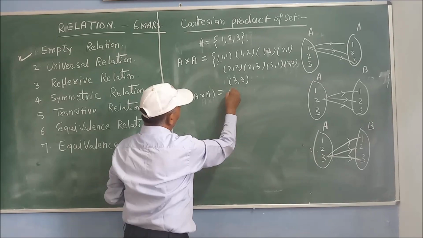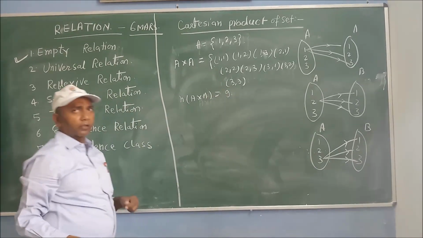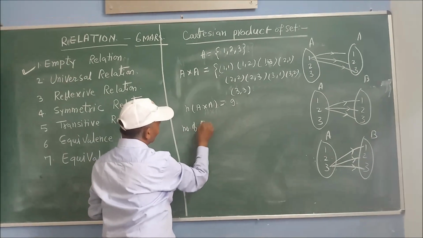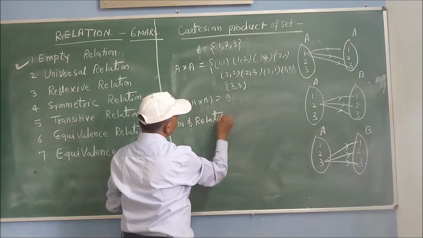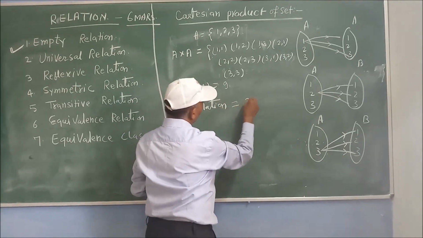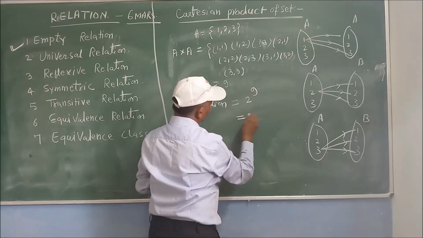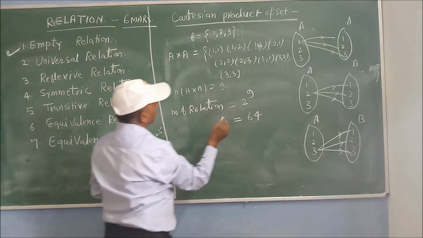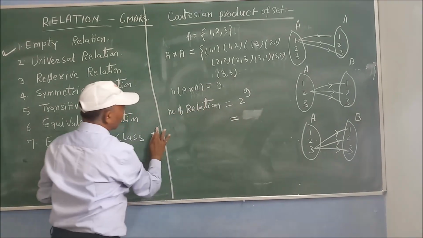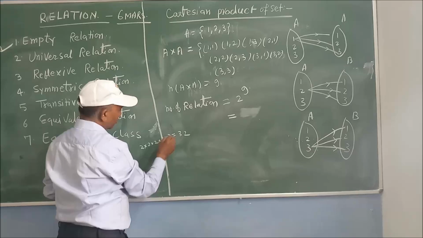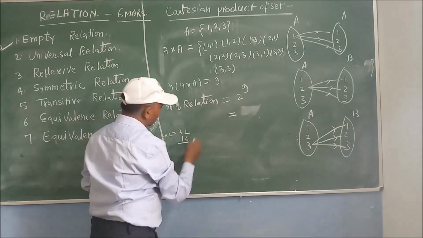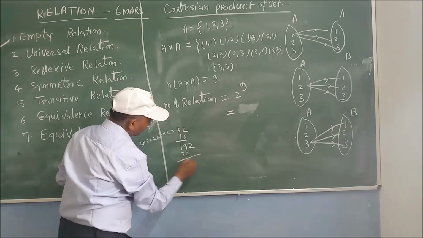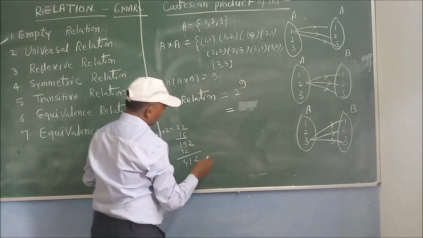So if you want to know how many relations there are here, the number of relations we can prepare will be equal to 2 to the power 9. 2 to the power 9 means 512.